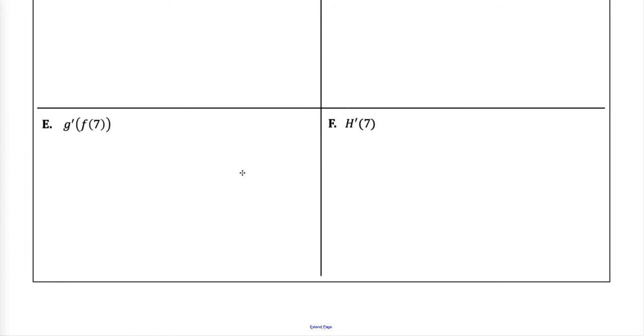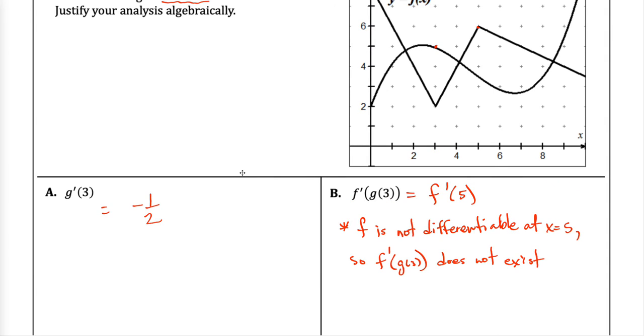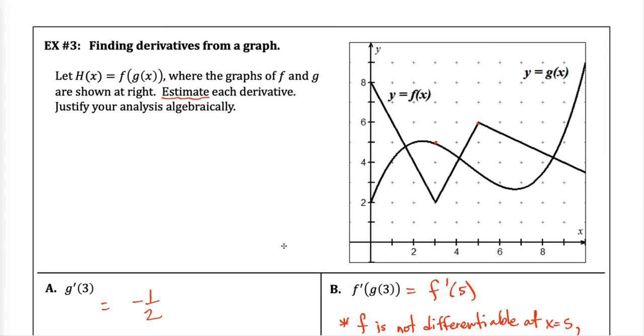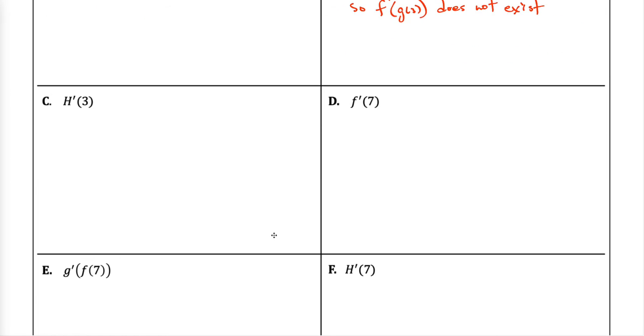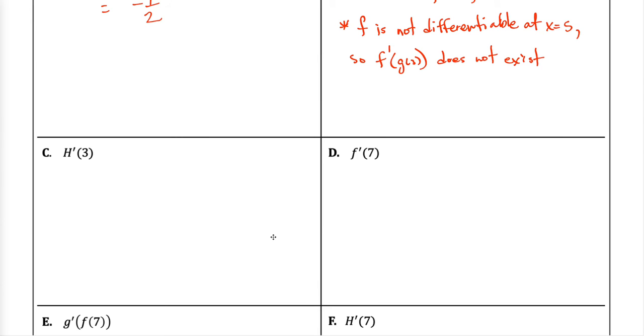The only other one I wanted to try was an h. And that's because h was f of g of x. So I guess we can pick C or F. I'm guessing you guys don't really care.